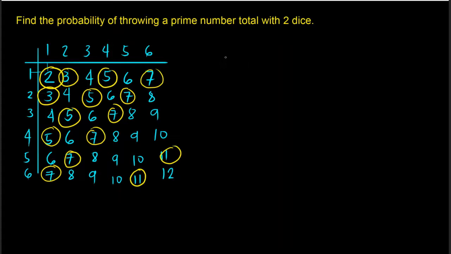So, from our formula, n(E) over n(S), the events that we want, there are 15 of them, all over the number of possible outcomes when you roll 2 dice. See? I can't speak English anymore. So, you have 6 times 6 or 36. If you want, think of it as 36 possible outcomes.